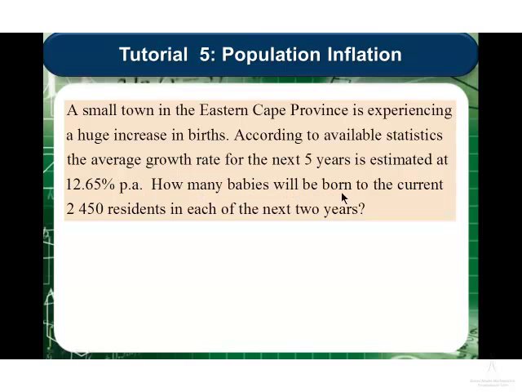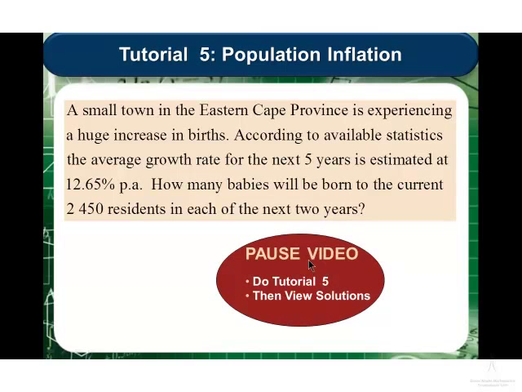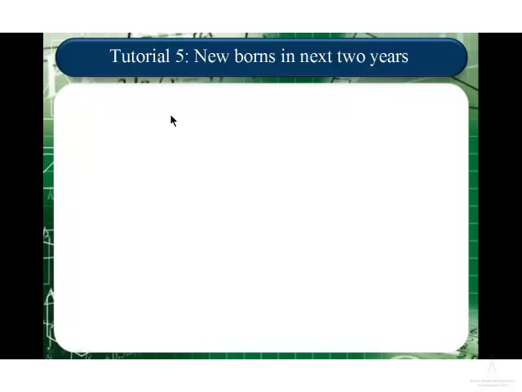How many babies will be born to the current 2,450 residents in each of the next 2 years? Think about this problem. I suggest that you pause the video, do tutorial 5 and then come back and look at the solution.